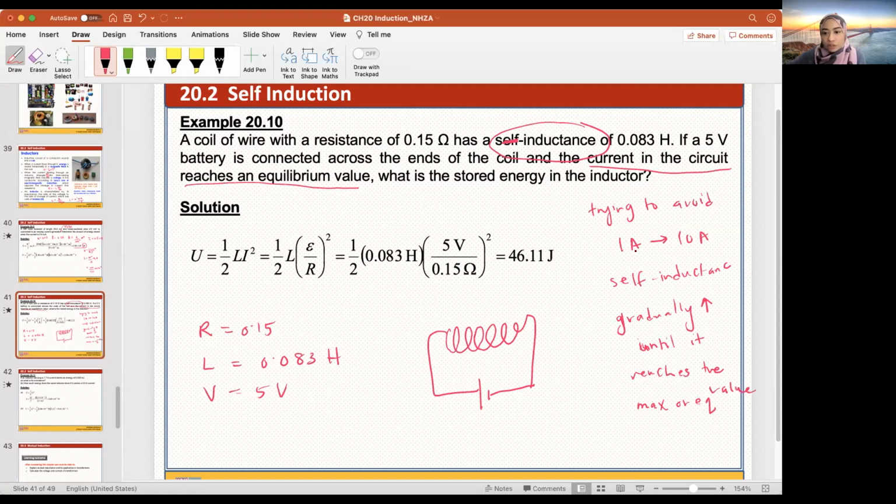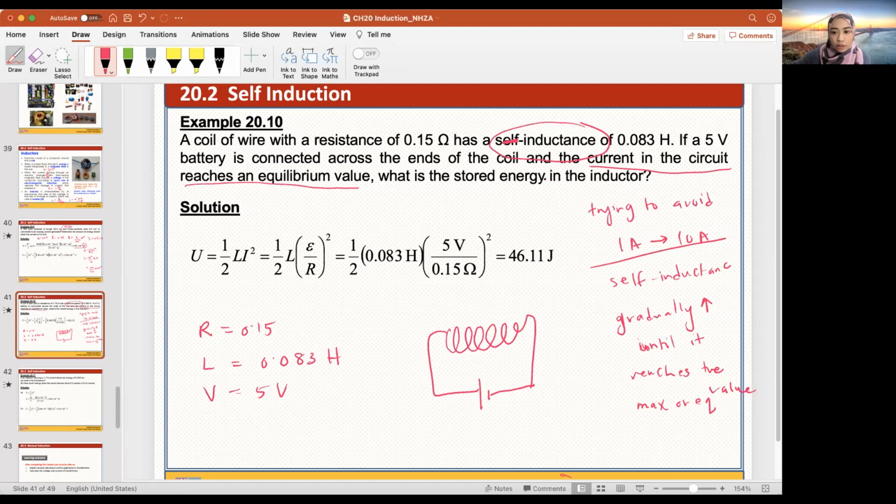So we are trying to avoid 1 ampere shooting up to 10 ampere. So when we have self-inductance in the circuit, it is gradually increasing the I until it reaches the maximum or the equilibrium value. So this is what the sentence means. When you see this, don't panic. This is what it means.